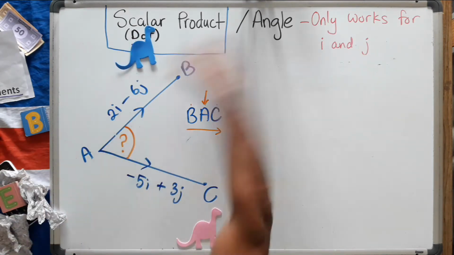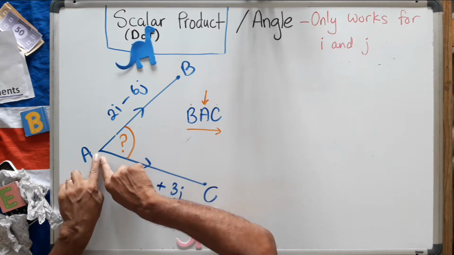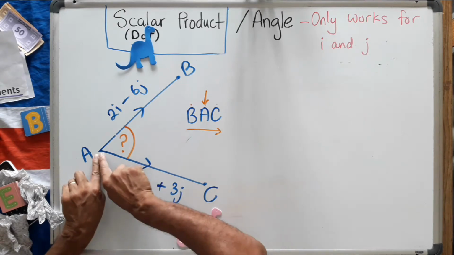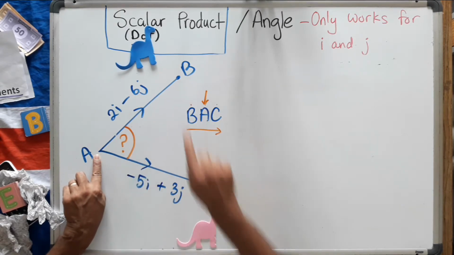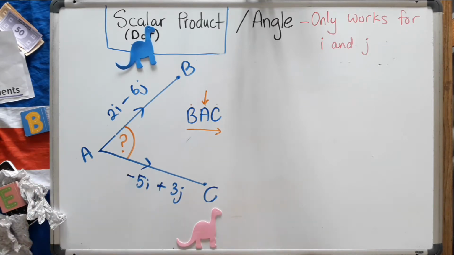So they're both running outwards from the angle. So that means the 2 vectors you want to include in the formula, which I have not shown you as yet, is vector AB, because he's running from A to B, and then the pink dinosaur was running from A to C.